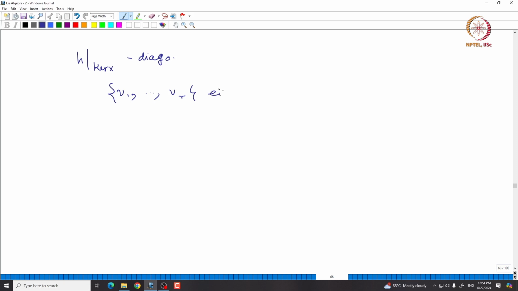So, this is the eigenbasis of kernel x, of course, with respect to the operator h. So, in particular, what will happen to this h v i? h v i is going to be some scalar. Okay. So, let us call it lambda i v i. Okay. So, then x v i will become 0.